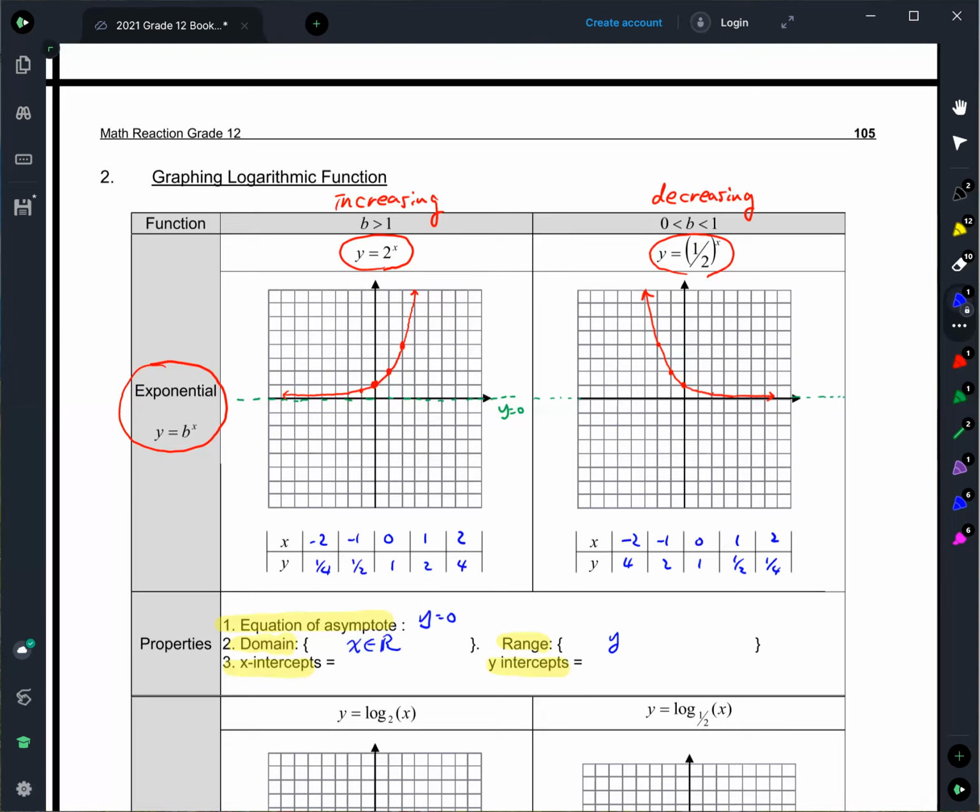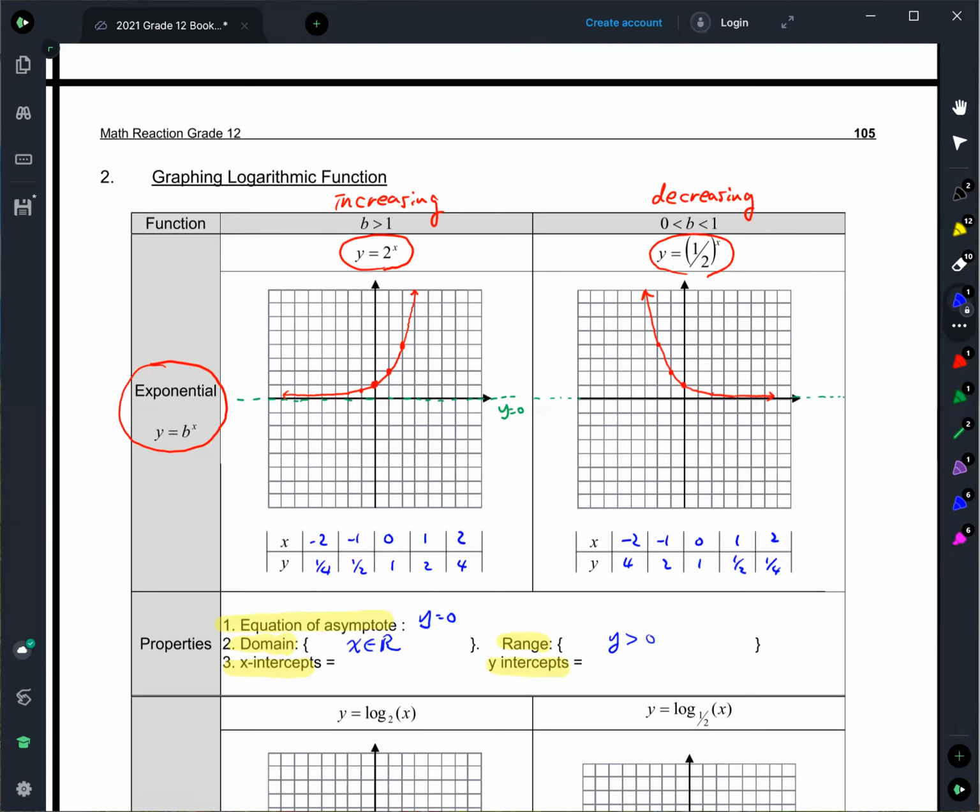So you look at the graph, the y has to be what? Wait, y equals anything greater than 0. That's right, okay? Because you look at the graph, all the graph is above y equal to 0, right? Above the x-axis.